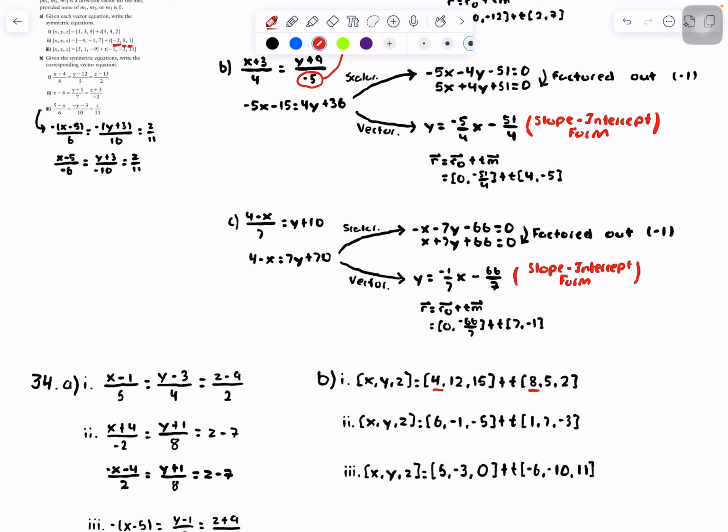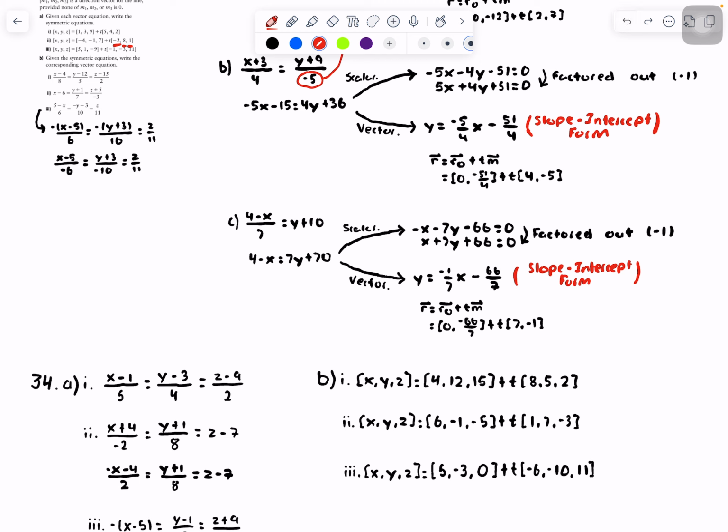Y minus 12 over 5: the y component of my position vector will be 12, and the y component of my direction vector will be 5. Z minus 15 over 2: the z component of my position vector will be 15, and the z component of my direction vector will be 2.